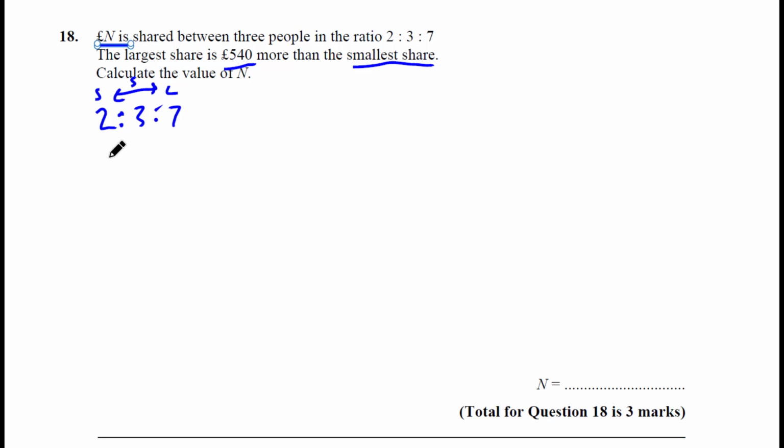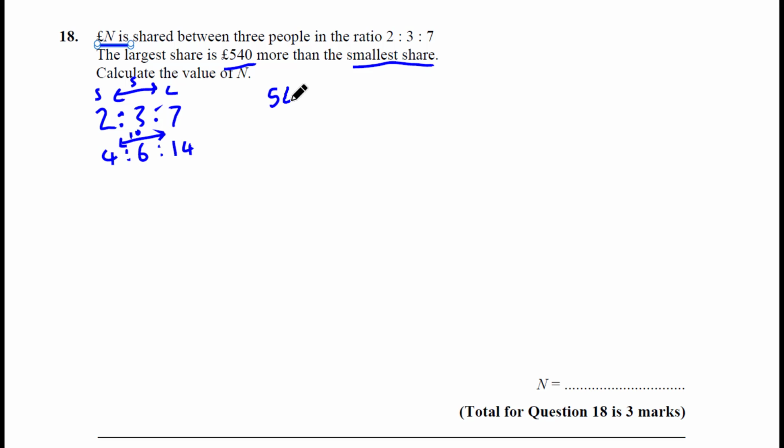So what I mean is, if we double this ratio, can you see the difference between the smallest and largest is now 10? So what we need to do is we want the difference to be 540.